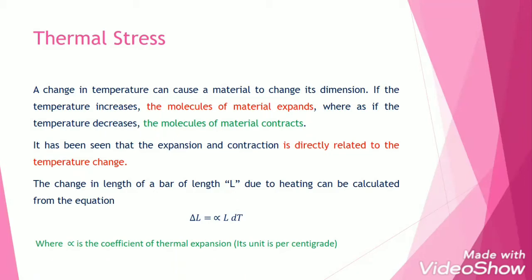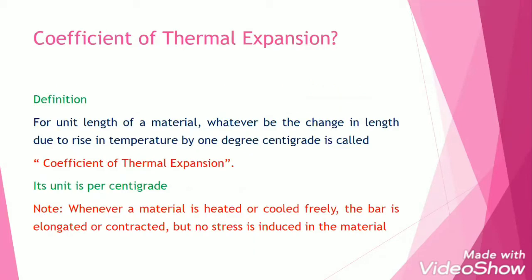So the change in length of any bar of length L due to heating can be calculated from the equation delta L is equal to alpha into L into dt, where alpha is the coefficient of thermal expansion and its unit is per centigrade, L is the length of the bar, and dt is the change in temperature.